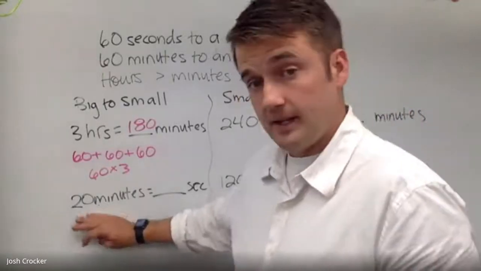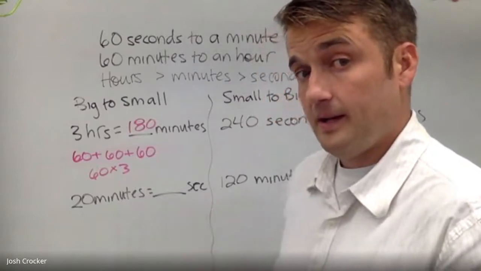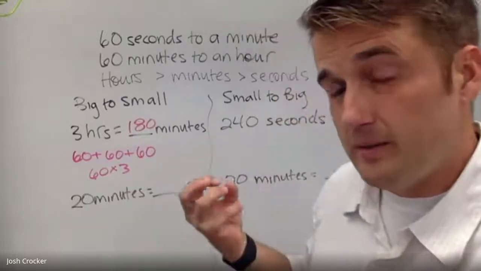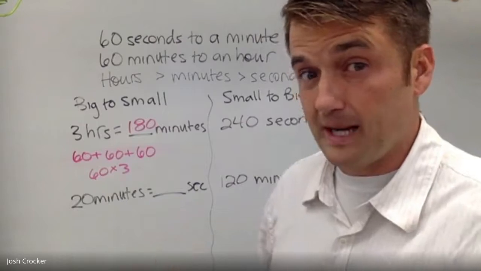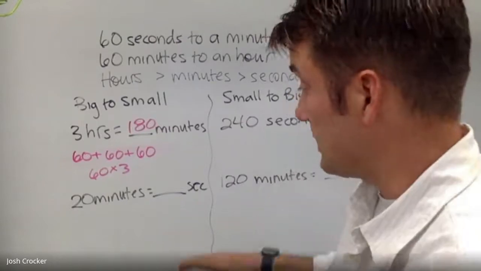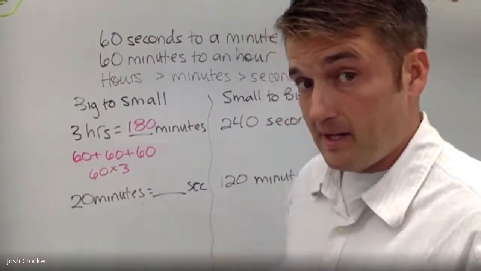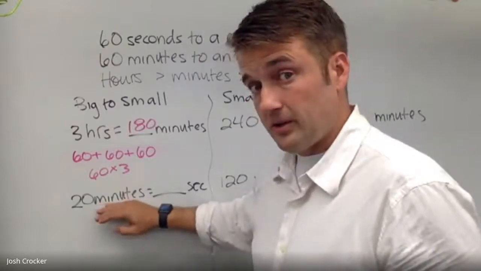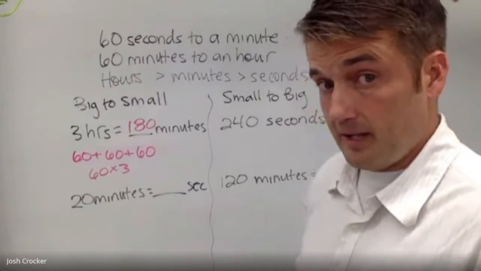20 minutes into how many seconds now? If hours are the dollar, then maybe minutes are like a dime. So I've got 20 of these dimes, and I'm going to break it into pennies. So my number's still going to get bigger. I'm still going from something bigger, a minute, to something smaller, a second. I'm still multiplying.